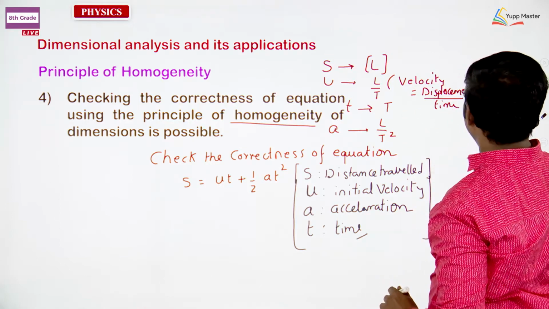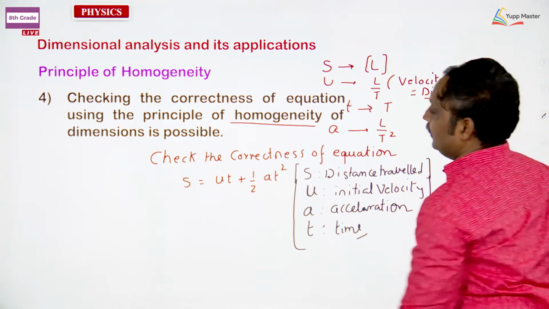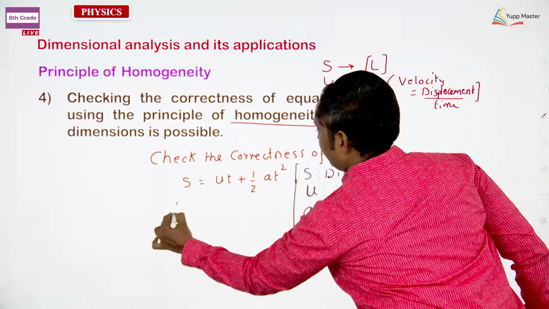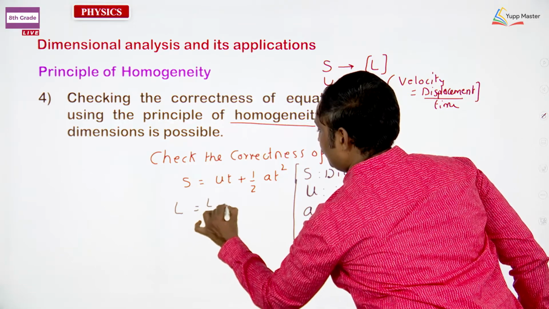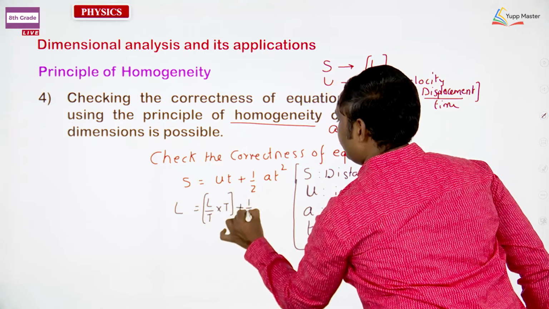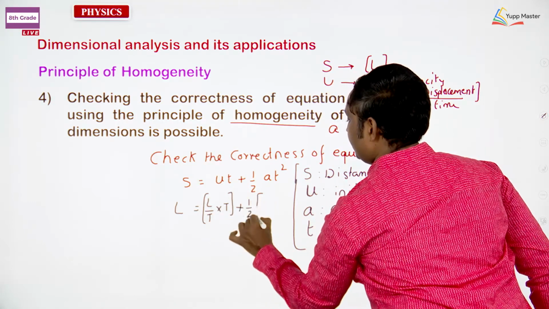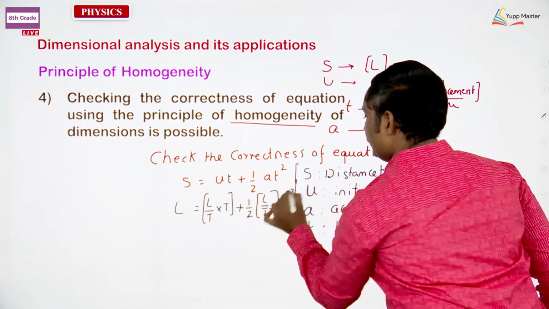Can you substitute all these parameters? Now L is equal to L by T into T. This is the first one. Plus 1 by 2, and L by T square into T square.